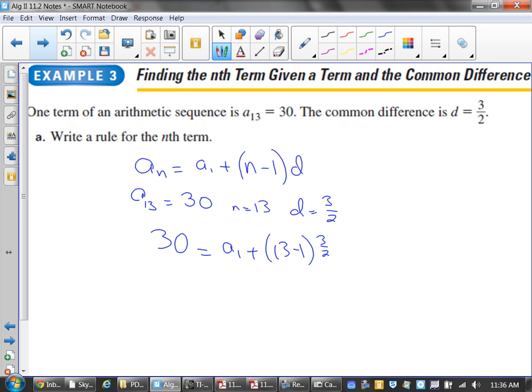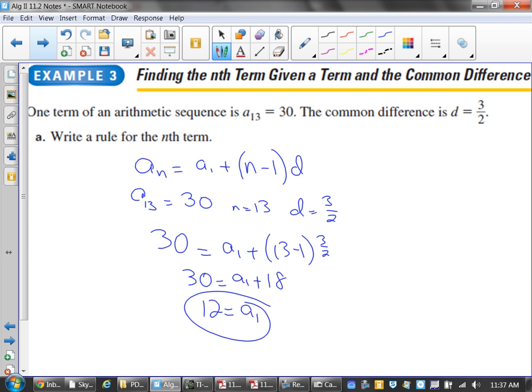So what's 3 halves of 12? 18. See how that worked? What's your first term? 12. There's my first term, but what is it asking me to do?